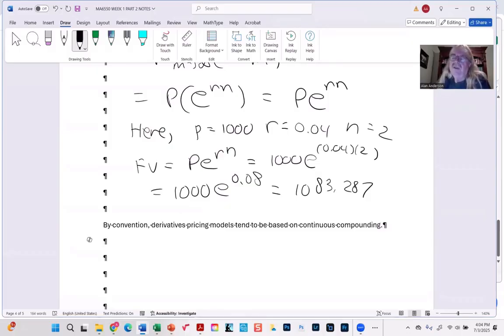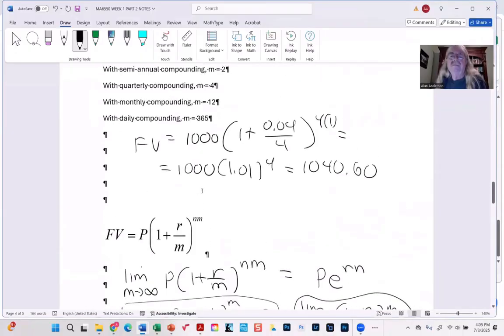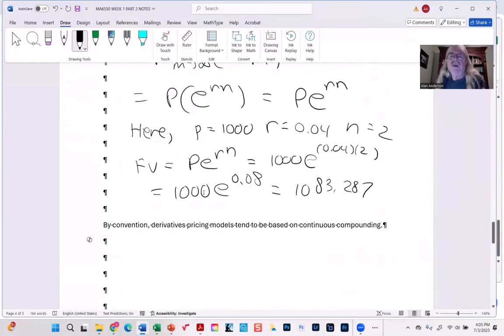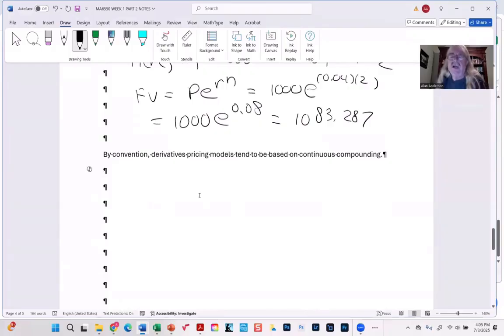Now, you might say, isn't that unrealistic then? Well, the reality is that no matter what compounding convention we choose, we can always convert one to another. So if we use continuous compounding in a model of some kind, we can convert the results into another compounding convention very quickly and easily. The bottom line here is that for a rate of return that is discretely compounded and continuously compounded, there's going to be some rate at which the two are equal to each other.